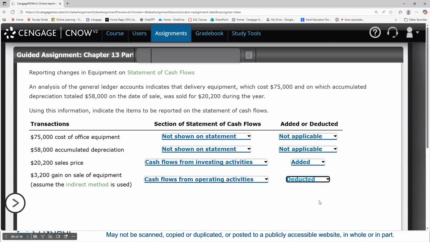So the rule is in the operating section, start with net income, subtract depreciation, deduct or subtract gains from the sale of long-term assets, or add losses from the sale of long-term assets, and then finally make the adjustments based on the changes in the current assets and current liabilities. And then down in the statement, the investing and financing sections, we just focus on actual changes in cash.